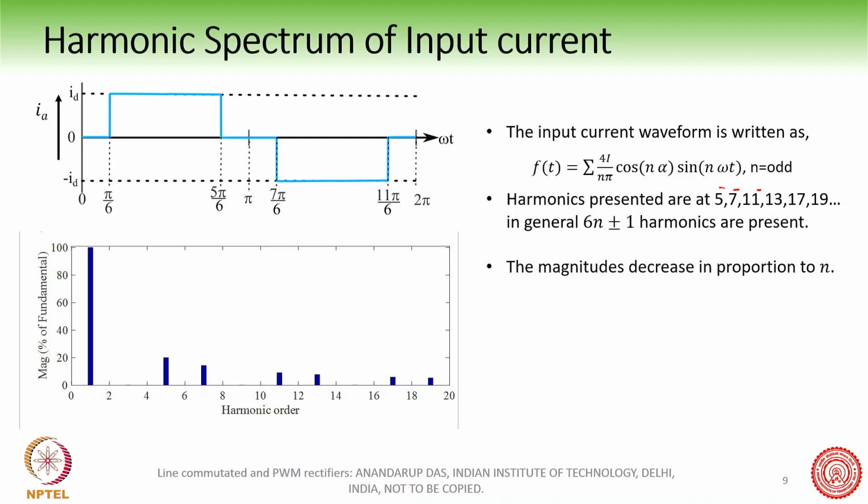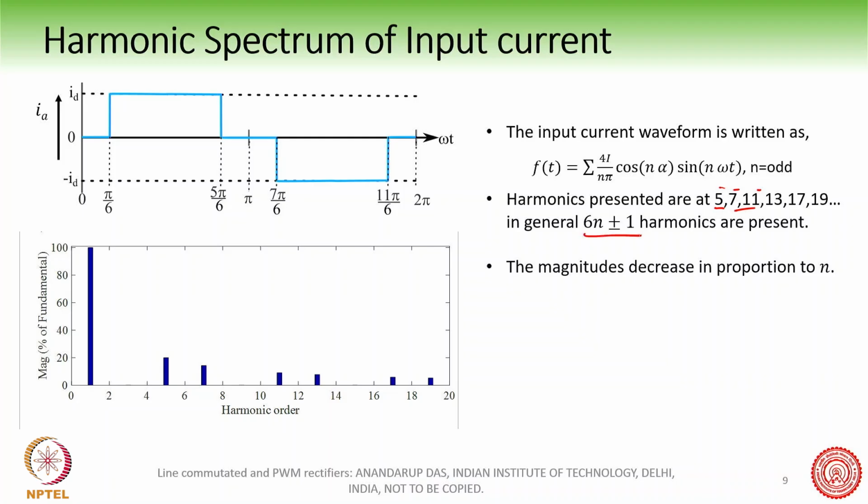Whenever you have this kind of high power rectifiers, we generally supply from the grid via an isolation transformer for safety reasons, and also for stepping the voltage up or down, generally down. That transformer is star connected on one side, and therefore it will restrict the third harmonic or the triplen harmonic currents. So the current going into the grid will have the odd harmonics like 5, 7, 11, 13.